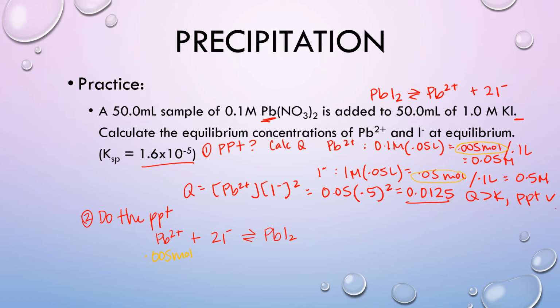You cannot read that. And we had 0.05 iodine. Obviously, we have a limiting amount of lead, minus 0.005, minus 2 times 0.005, leaves me with 0 and 0.04 molar.